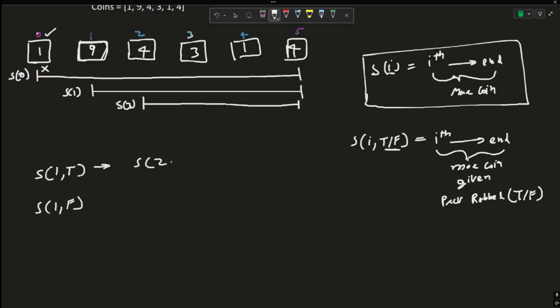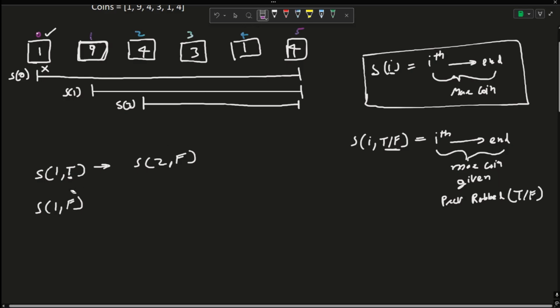Not just S of 2, we have to provide the state also, the true or false. So the answer would be S of 2, and we cannot rob the current house, so this would be false, because for S2 the previous house is S1, which we are not looting right now because we already looted the S0 house.